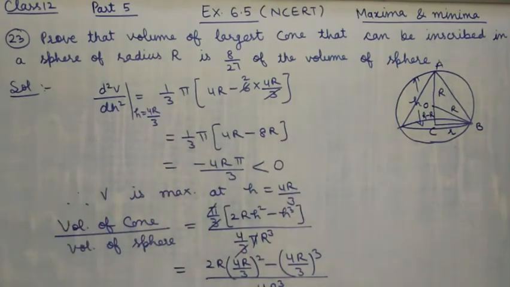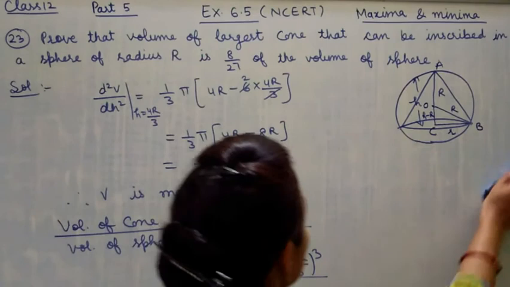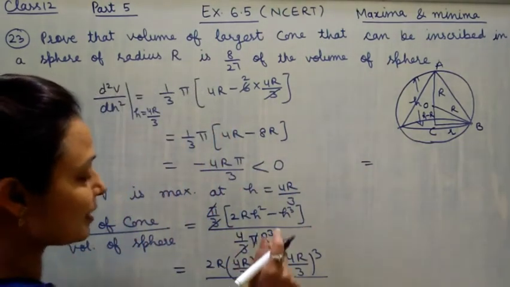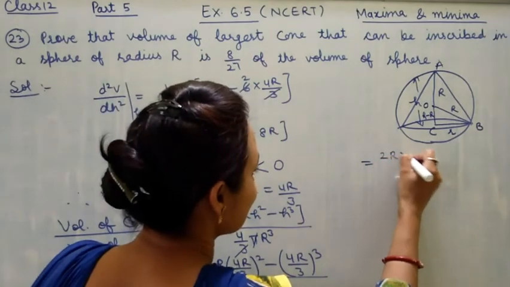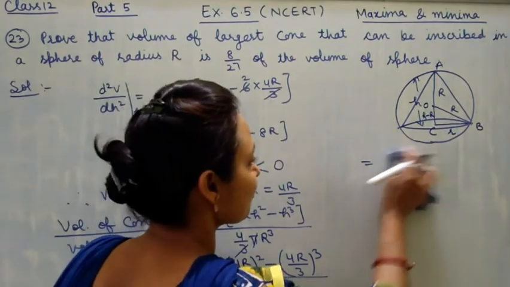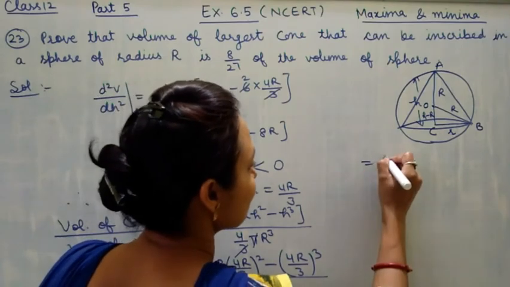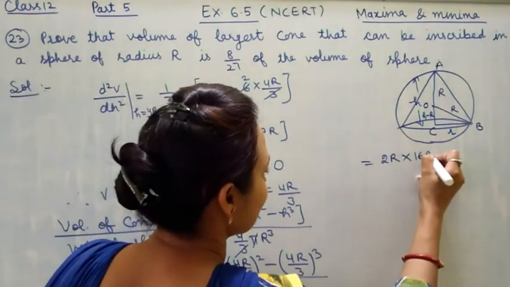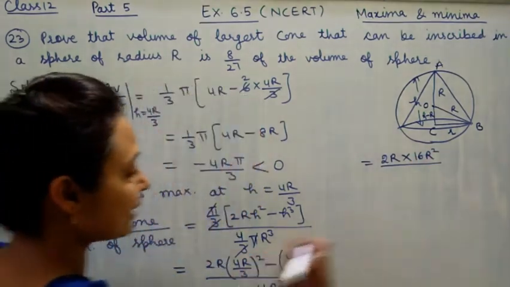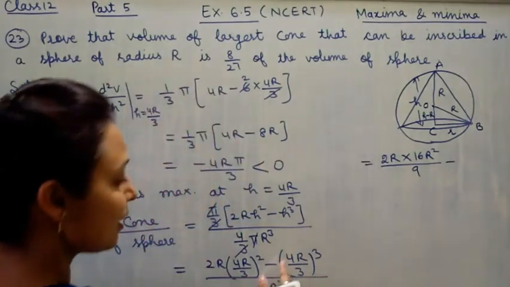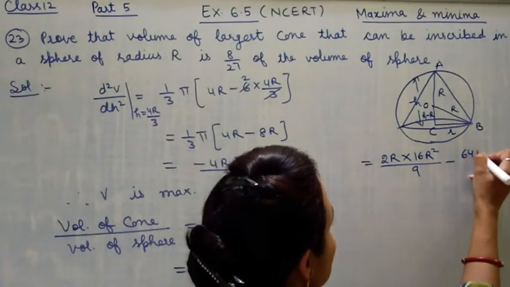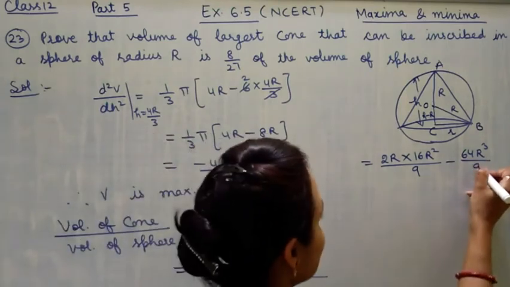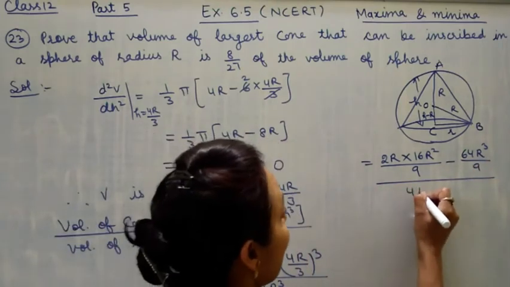So I will do it by taking the LCM. We have 4 4s are 16, 2R into 16R²/9 minus 64R³/27, divided by 4R³.